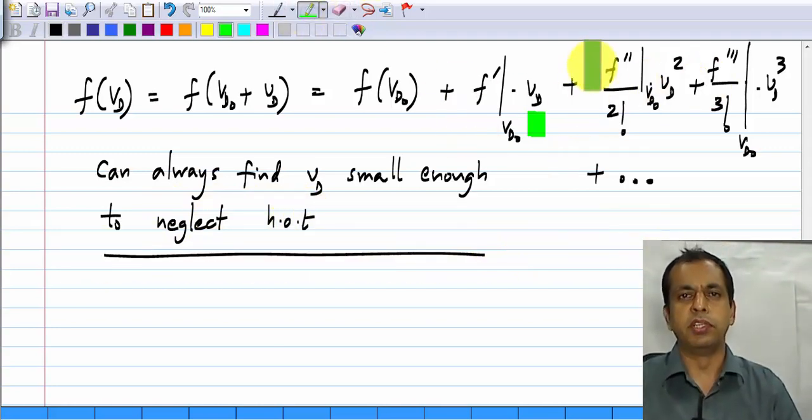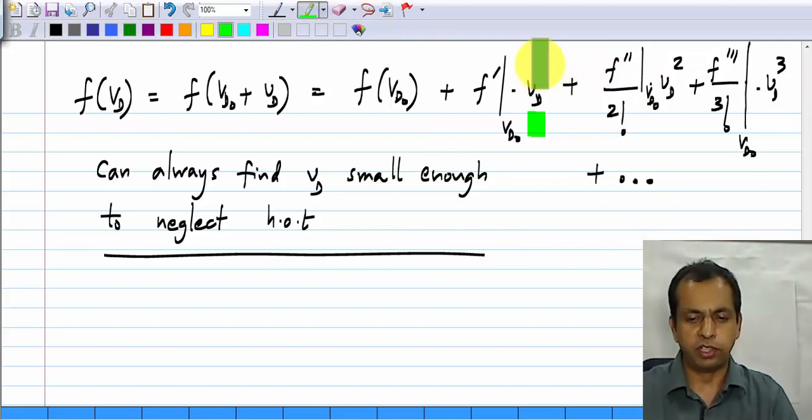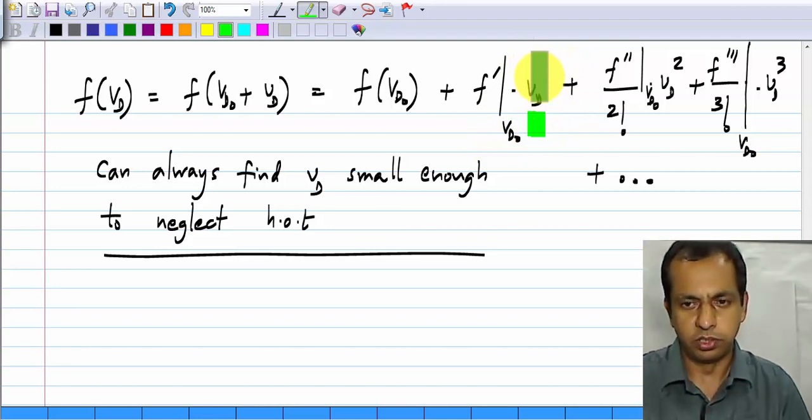So, this approximation is always valid. The only thing is you have to restrict the range of Vd over which it is valid, that is all.